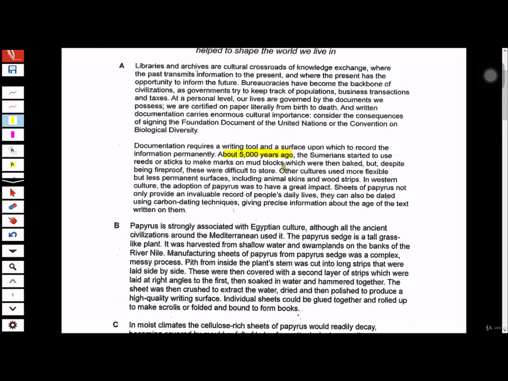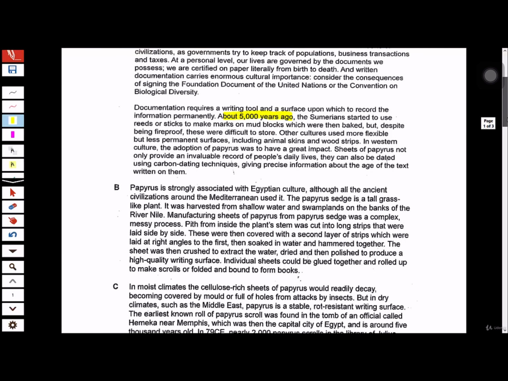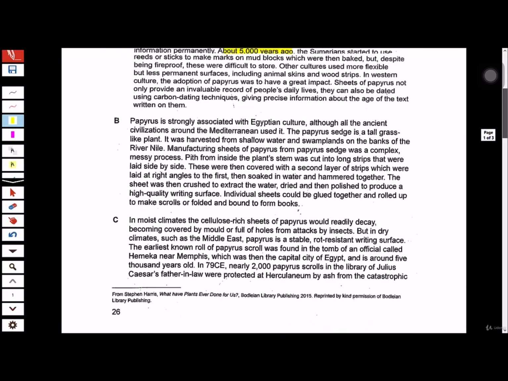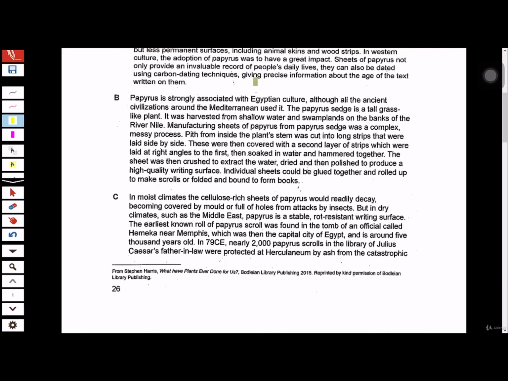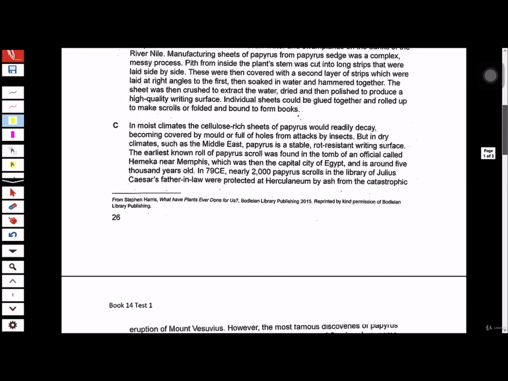When we look at this sentence, we see 5,000 years ago, but there's nothing about Egypt. So I know it cannot be my sentence. Here's the word Egyptian, but there's nothing about 5,000 years yet. Now here we go, paragraph C. Here is cellulose-rich.